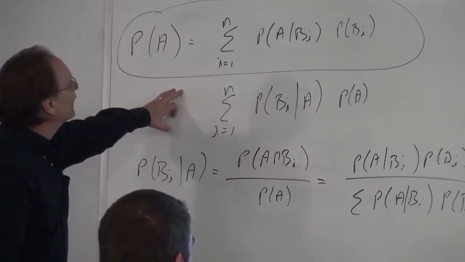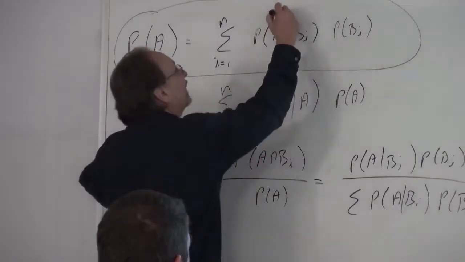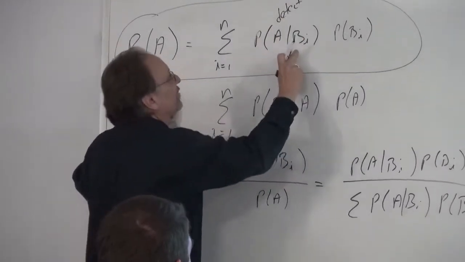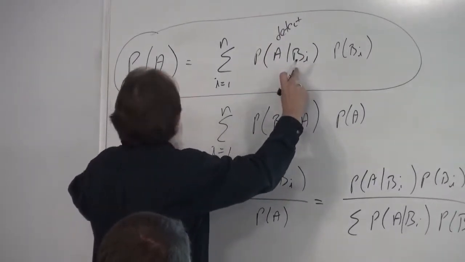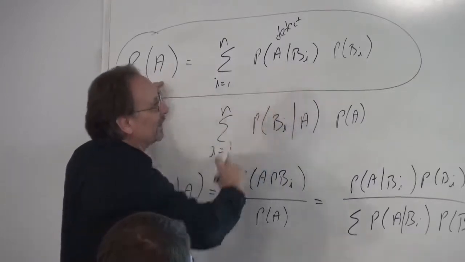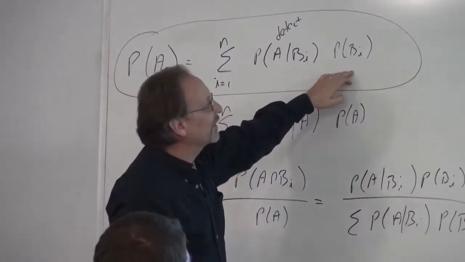Probability of a defect, which is A, given that it came from machine 1, and I am taking the defect rate as a denominator.